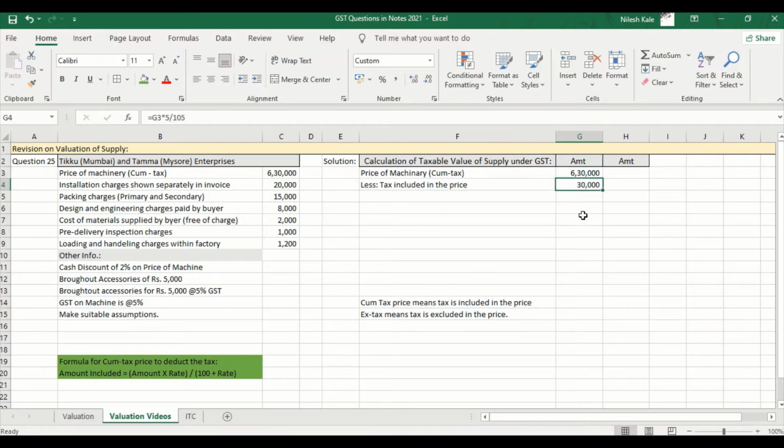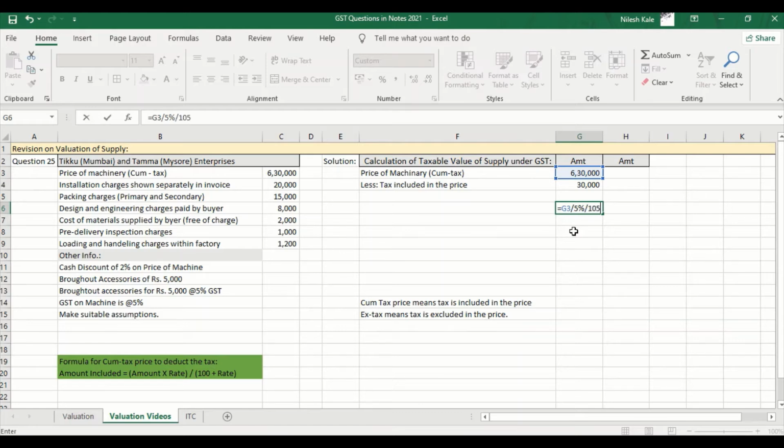Let me show you a mistake students make. They calculate 6,30,000, and they take the rate as 5%, multiplied by 5% and divided by 105.